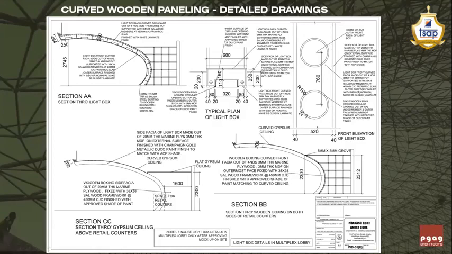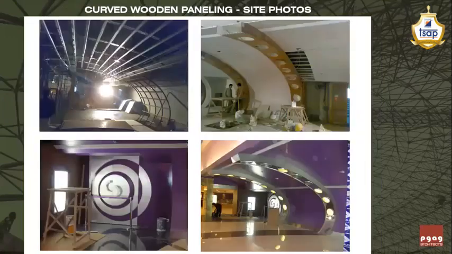So all the information on the drawing has to be well written, well explained, so that the contractor gets the instructions properly and he doesn't take advantage while doing the construction, and the final output is as per your desired concept drawing. These are a few photographs to show you when the construction was happening.